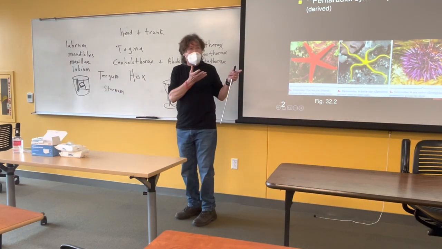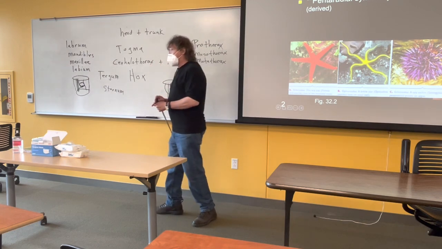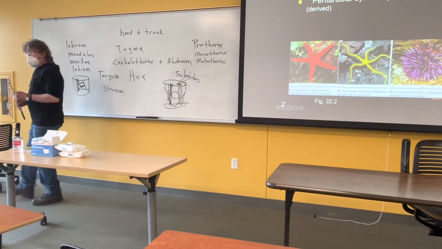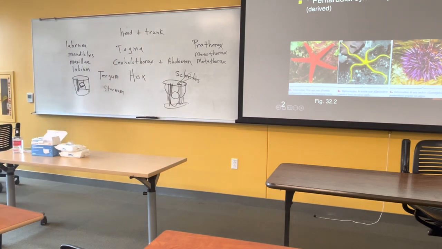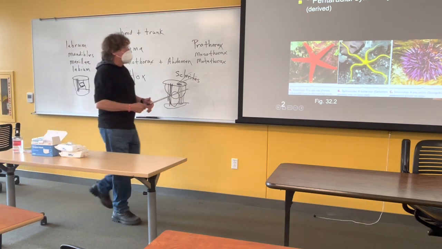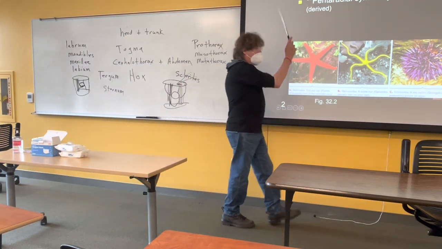Isn't this Bilateria? Yes, it is. So this is believed to be secondary, because the larvae, after they hatch out of the egg, are bilateral. Furthermore, this is not just simple radial symmetry, it's pentaradial symmetry.